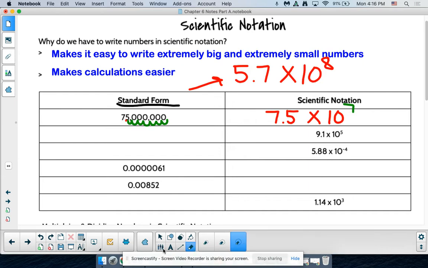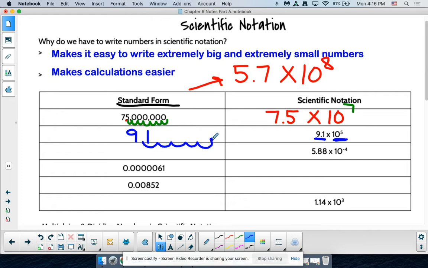Let's try another one here. This time we're going from scientific notation to standard form. So I'm going to start off by writing 9.1. I'm not going to write my decimal because I know it's going to have to move. So now I'm going times 10 to the 5th power. So I know I have to move my decimal 5 places. It's right here, and now I have to move it 5 spots. 1, 2, 3, 4, 5.